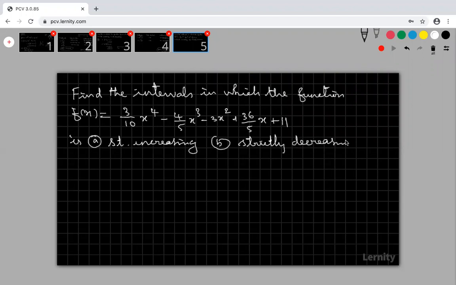So we have to find the intervals at which the function is increasing and decreasing.